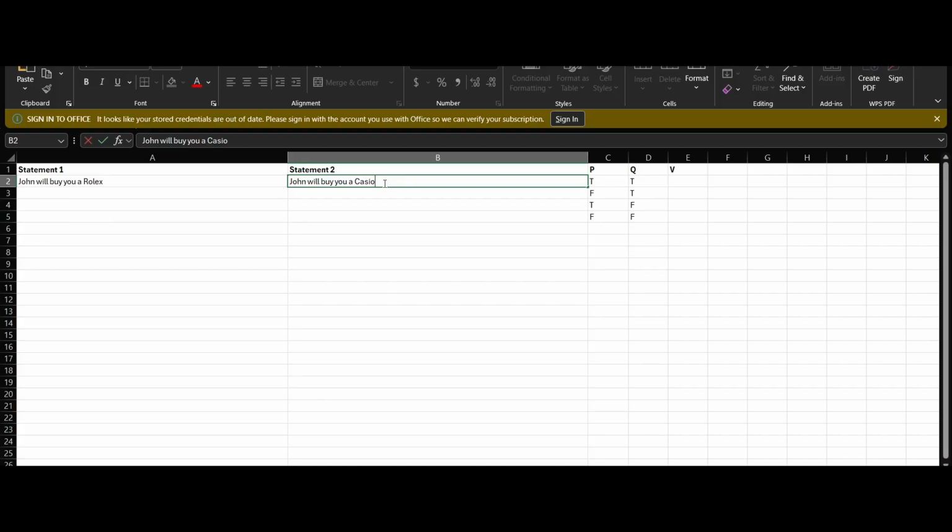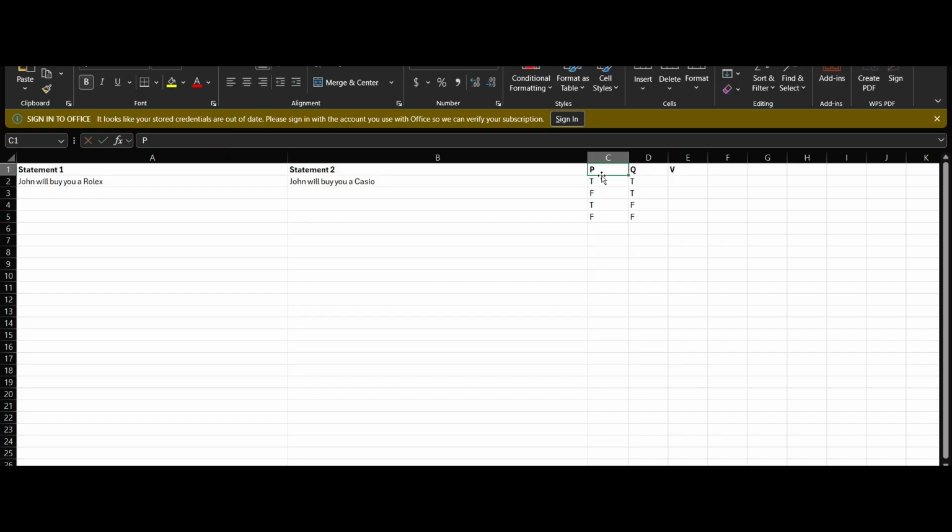For those of you who don't know, that's a brand. It's a brand of watches. You can just search that up. Okay, so now that we have these two statements here, we have the first statement. Let's say that the first statement, John will buy you a Rolex, was true, and John did buy you a Rolex, and John also bought you a Casio. Then that means that both of these statements will be true.